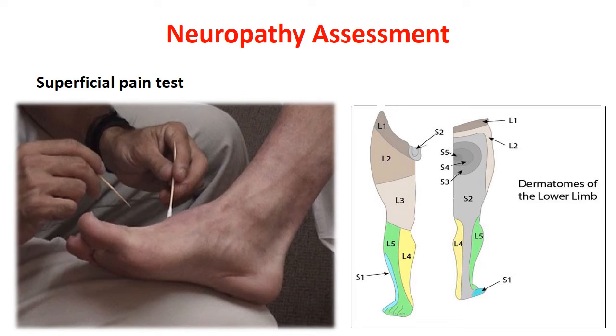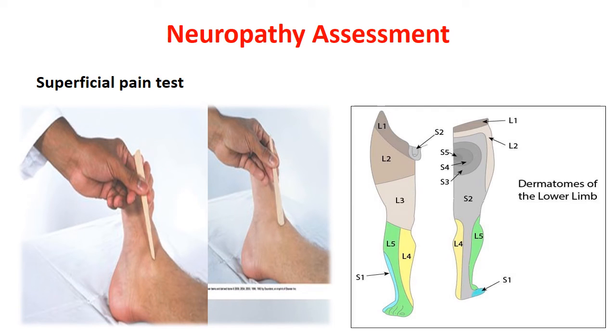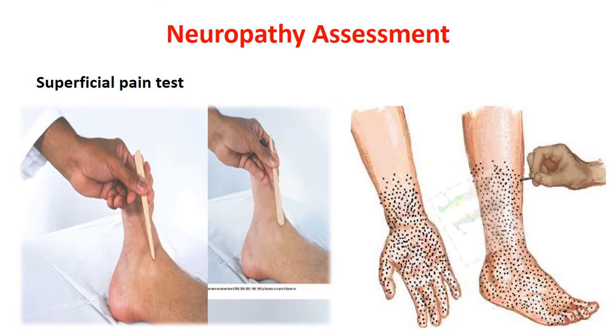Then we test for superficial pain sensation. For the patient to have peripheral neuropathy, pain sensation should be lost with a sensory level, bilateral, symmetrical affection, as you see, involving both hands and feet.